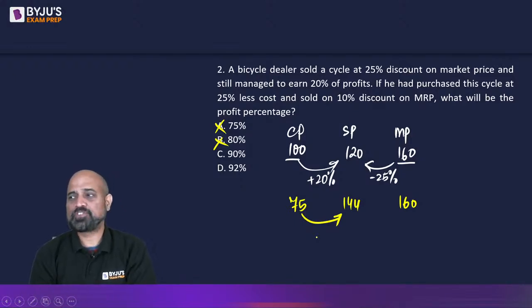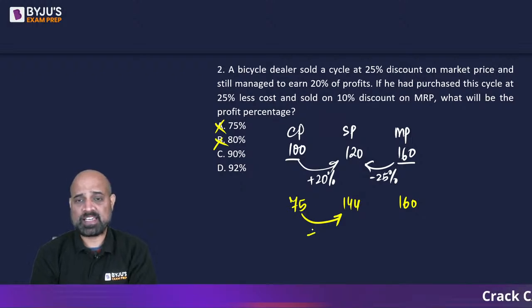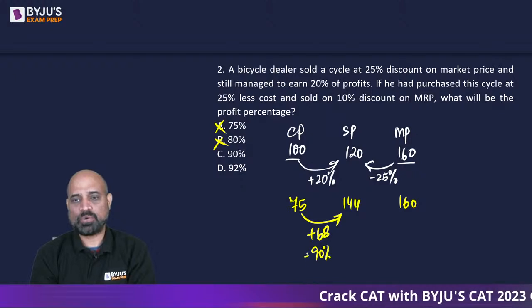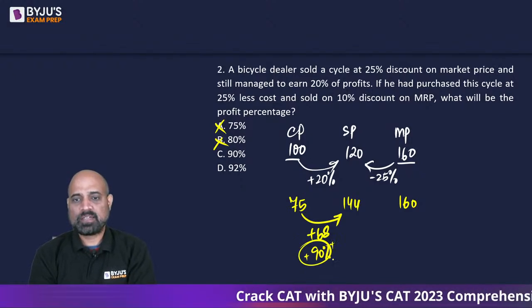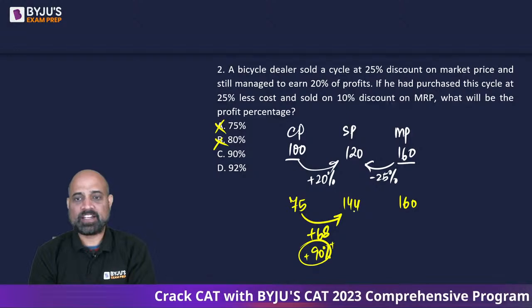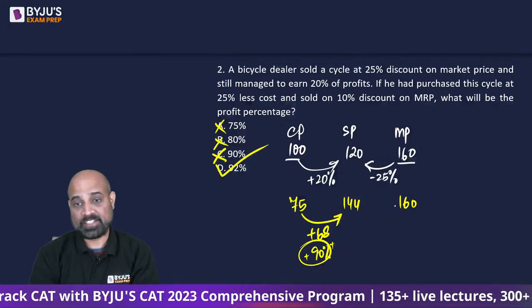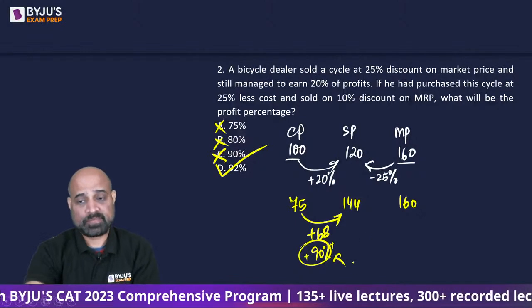Let's say that is 5 rupees. 63 plus 5 is 68. So if I take 90% से थोड़ा सा ज़्यादा, it will be 68, which will end up at not 144. So 90% is not the answer, 92% is the answer. ठीक है?